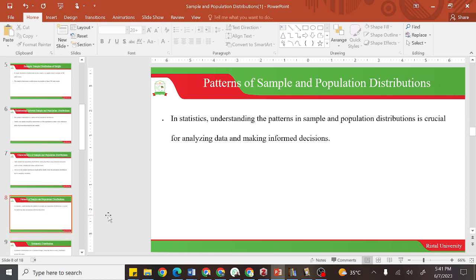So we need to look at the distribution patterns. If you did take these measurements, how will the data look like? If you enter them maybe in a graph, maybe in a histogram, what will the patterns be and what will they really tell us?